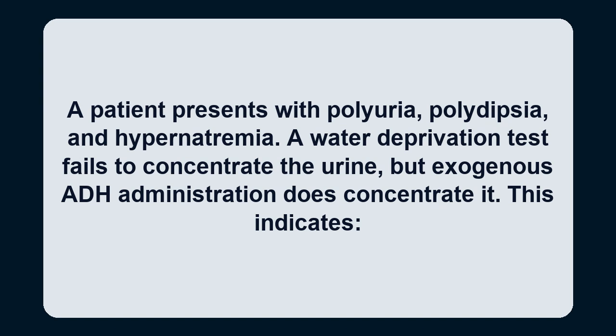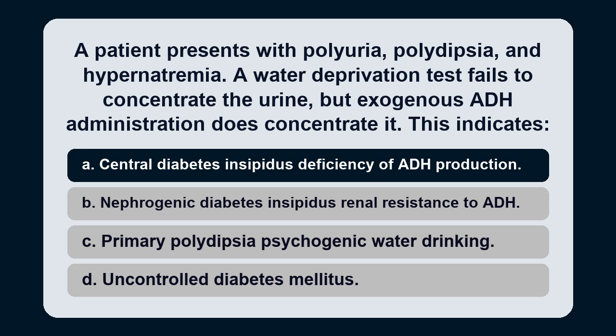Question 6. A patient presents with polyuria, polydipsia, and hypernatremia. A water deprivation test fails to concentrate the urine, but exogenous ADH administration does concentrate it. This indicates: Option A, central diabetes insipidus, deficiency of ADH production.